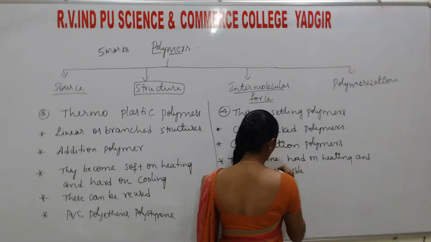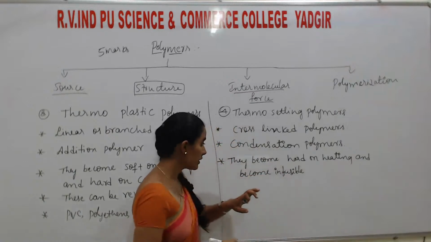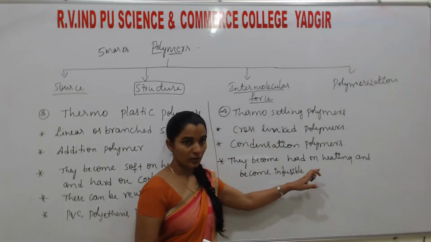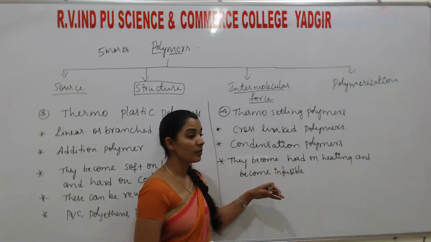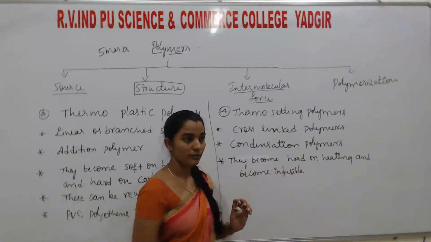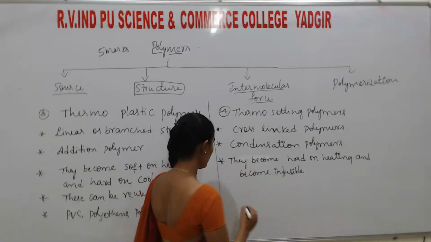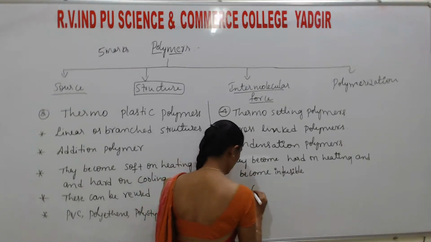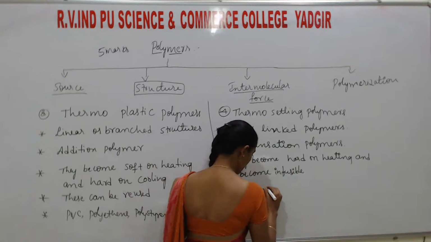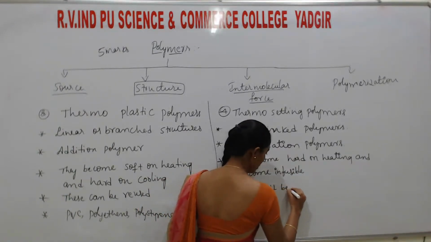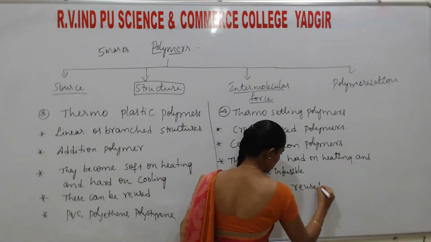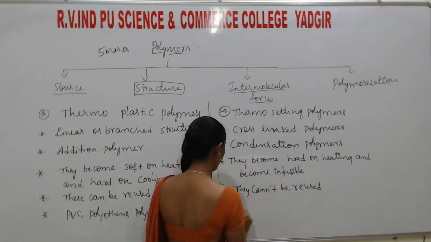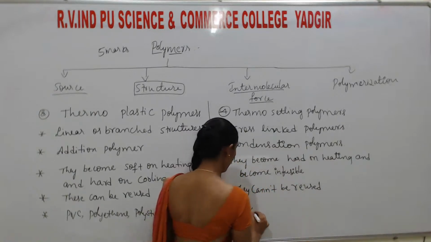Becoming infusible means that once we heat this type of polymers, they cannot be reused. Understand? So they cannot be reused. And the example for this is bakelite.